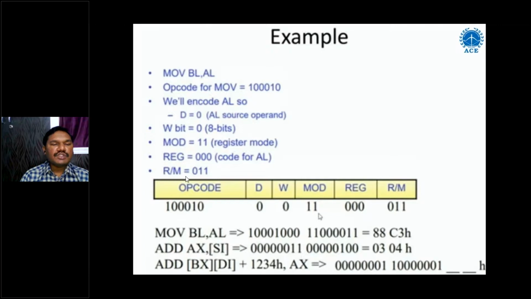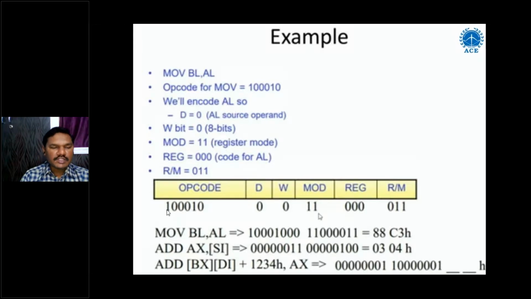And R by M is 011, register memory, meaning the BL register. So when we write MOV BL, AL, the computer internally generates the bit code equivalent to 88C3H.